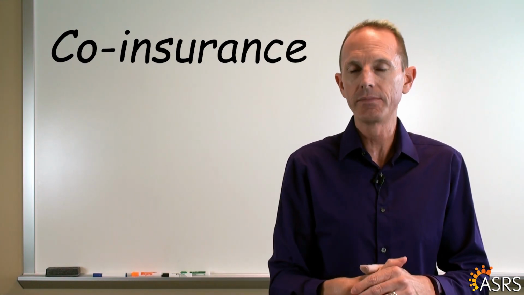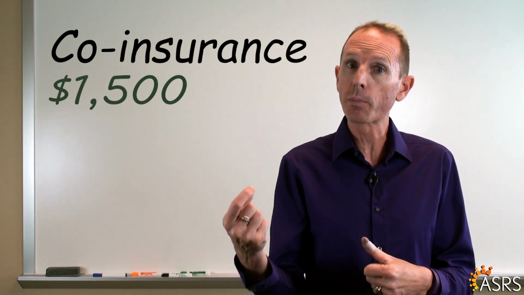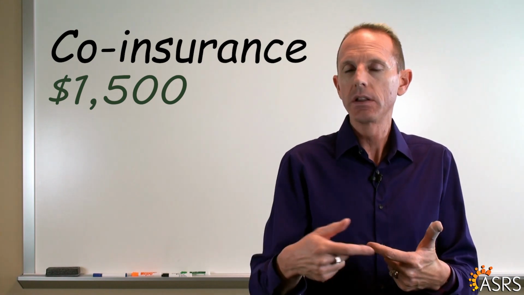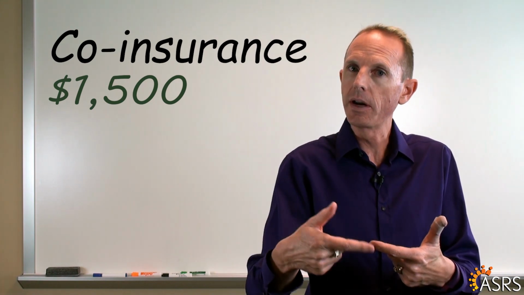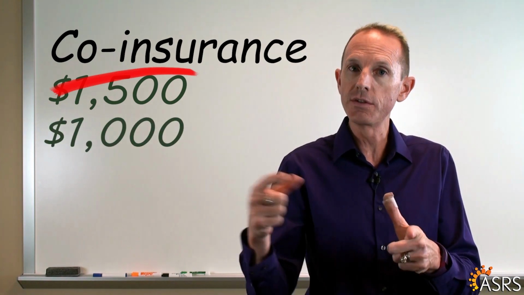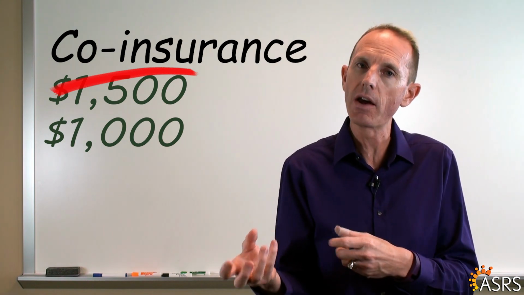So the way that it will work is you have that surgery, the provider bills United Healthcare. Let's say it's $1,500. Because you're using an in-network provider, we have a contracted rate with that doctor. Let's say that contracted rate brings it down to $1,000. So now you're not responsible for the difference because the provider will write that off.